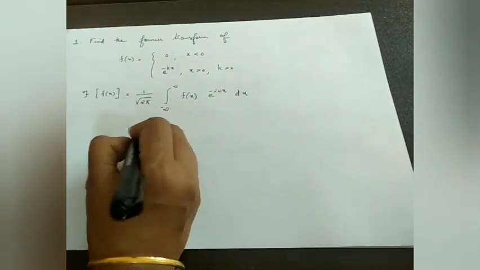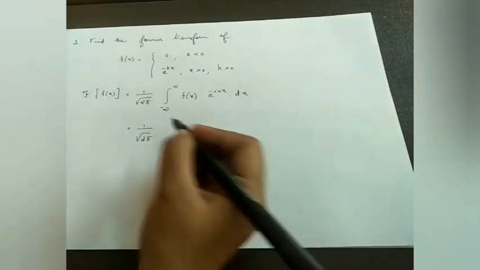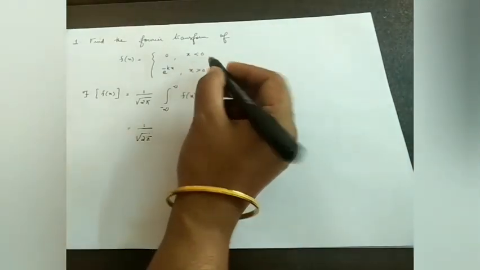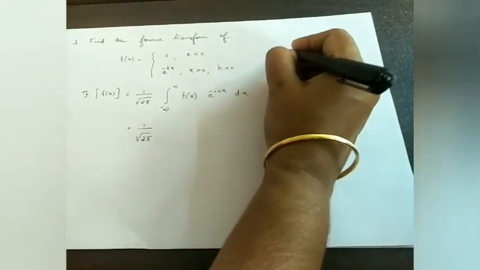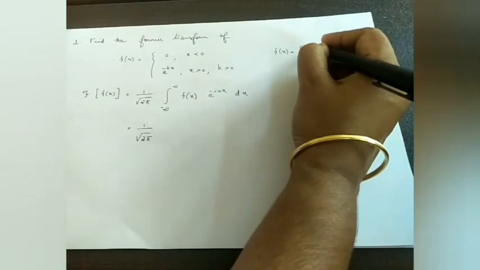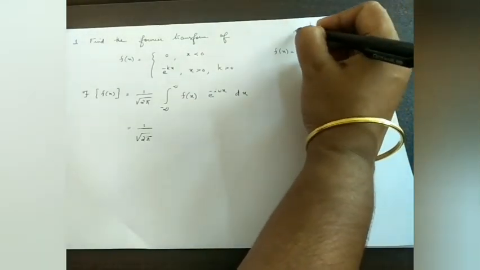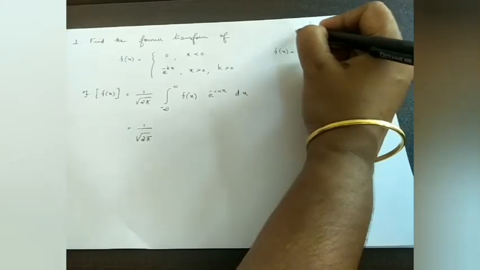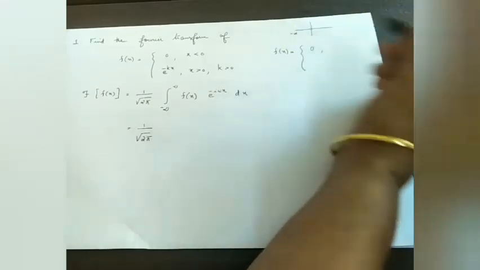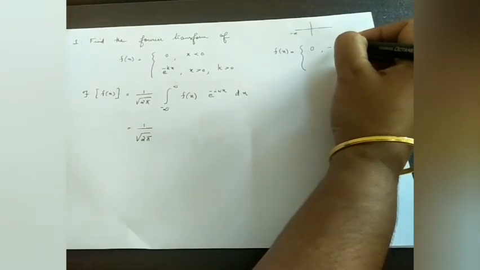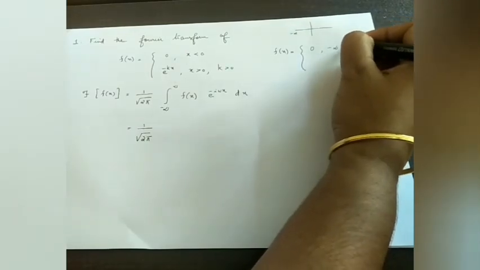Now 1 by root 2 pi integral from minus infinity to infinity can be divided into 2 because here we have the function f of x equal to 0 when x less than 0. When x less than 0 means it can extend up to minus infinity. Okay, therefore I am rewriting this x less than 0 as minus infinity less than x less than 0.